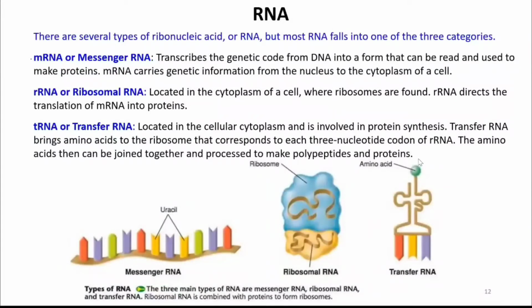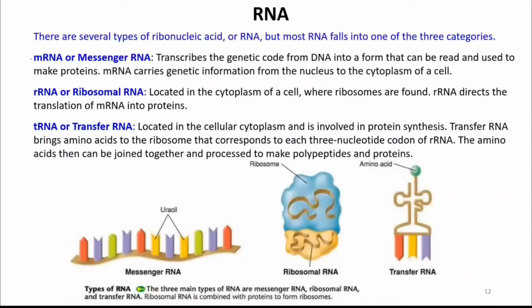So transfer RNA is the one that acts as this molecule, like a messenger. It brings in all the amino acids and it helps in the translation. So the process of translation is not shown here, but 3 important components of translation are shown here.